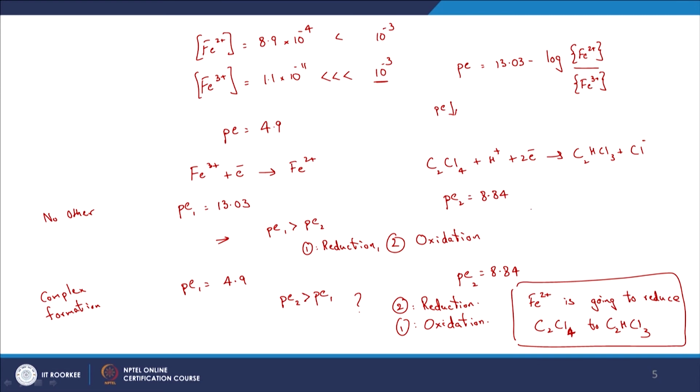In this case, when there are no complexes being formed, C2HCl3 is going to reduce Fe3+ to Fe2+. So now you tend to appreciate the relevant aspects. If someone did not consider the complexes or did not have the background, they would have had an erroneous understanding of the system.